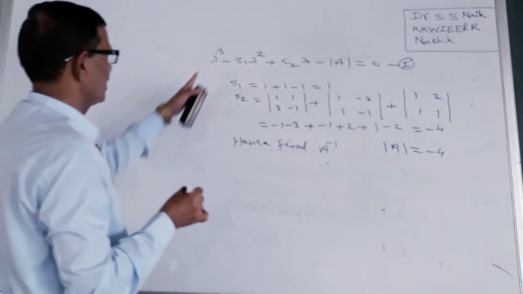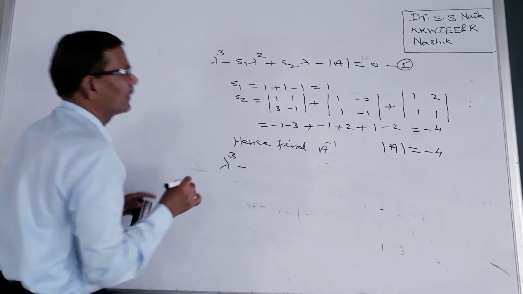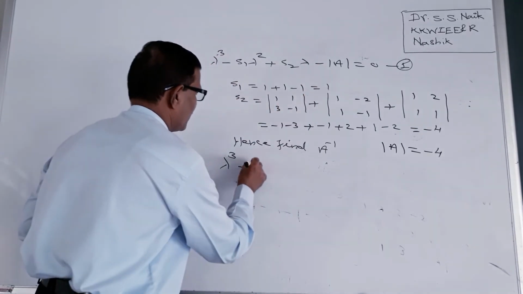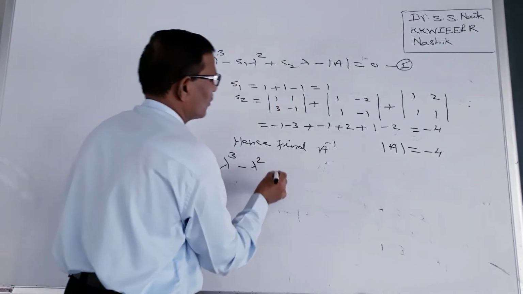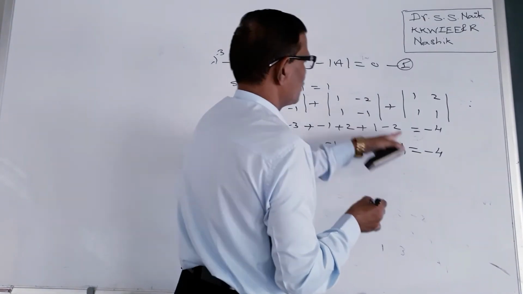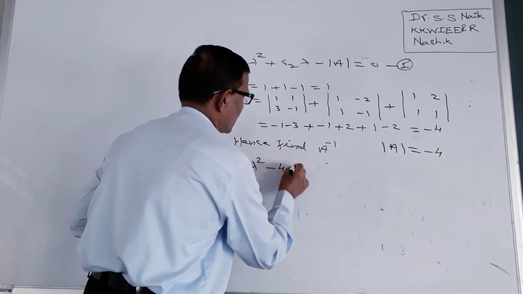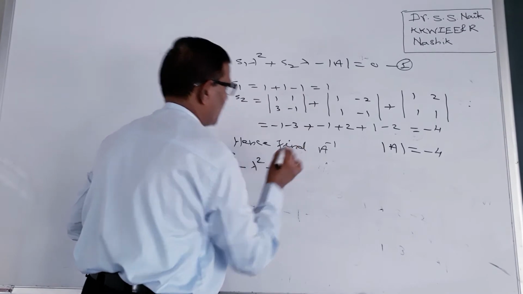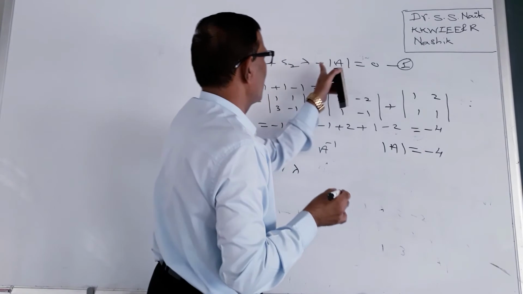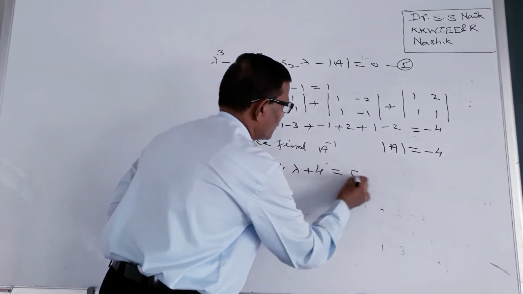We have lambda cube minus S1, which is 1, lambda square, minus 4 lambda, and the determinant is minus 4, minus of minus becomes plus 4, equal to 0.